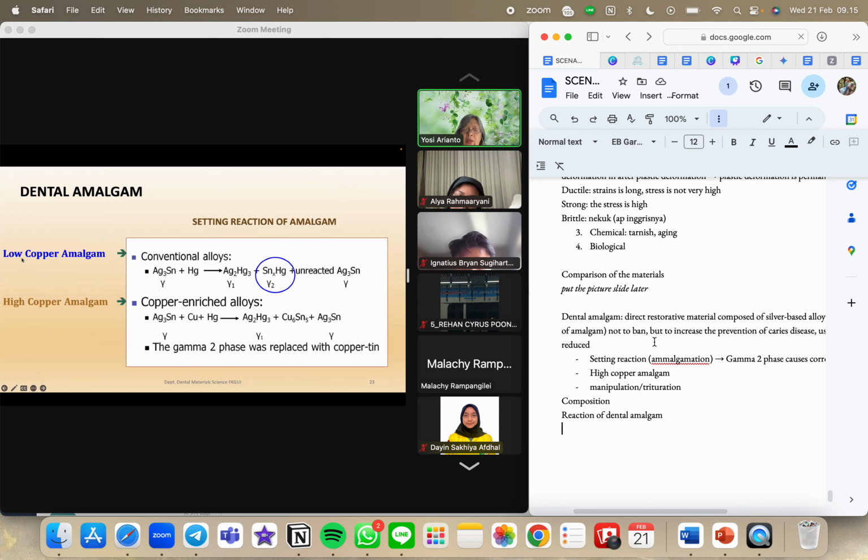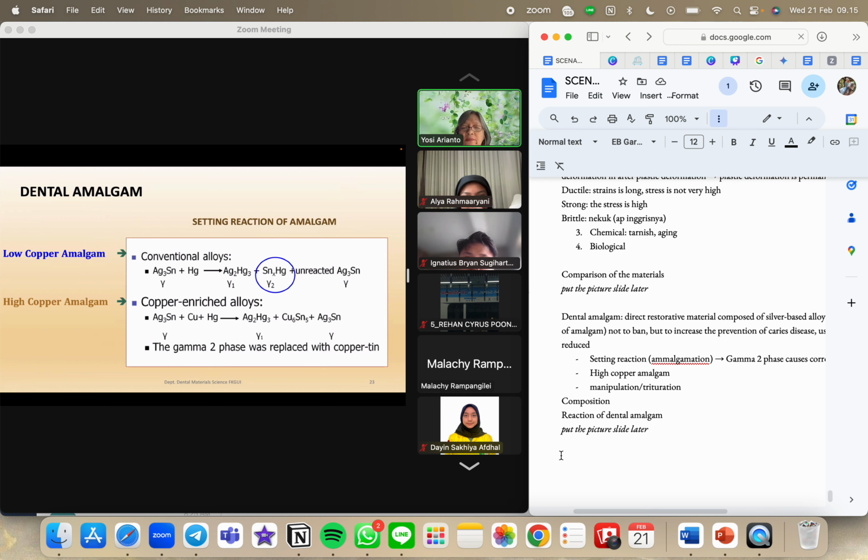So this is the low copper amalgam. This is the first amalgam, with silver, tin, and mercury.